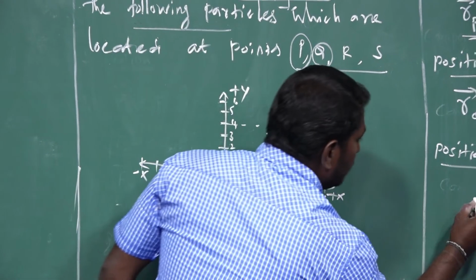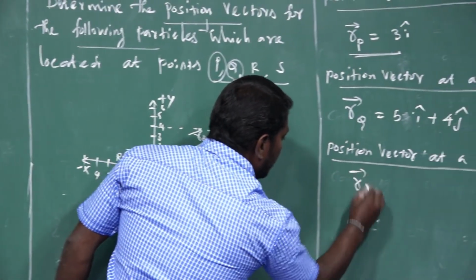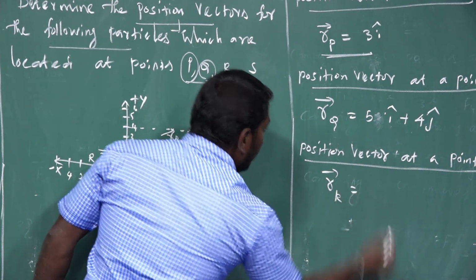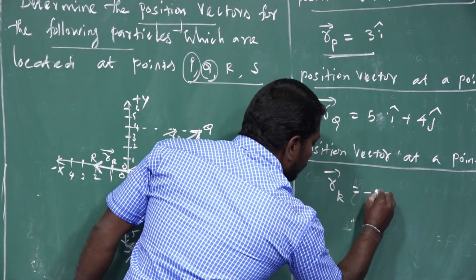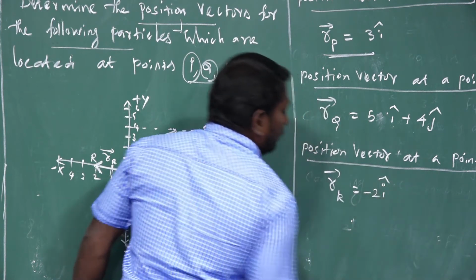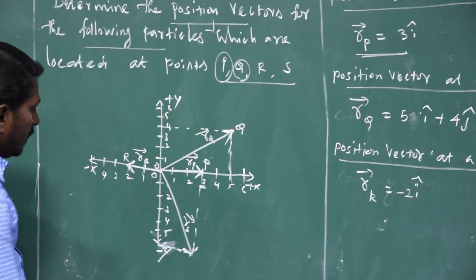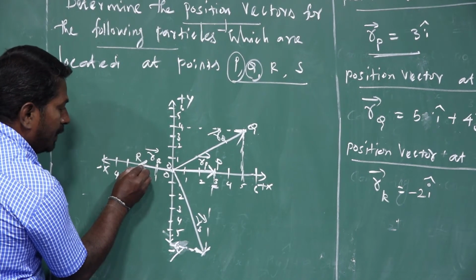So position vector R vector at point R is equal to 1, 2, so minus 2 i cap. That's all. That is the position vector at point R.